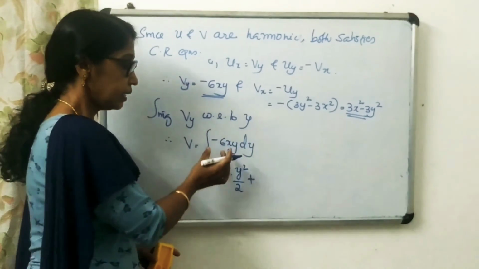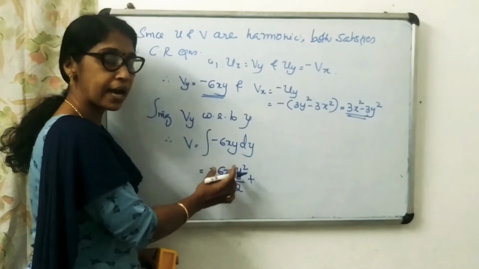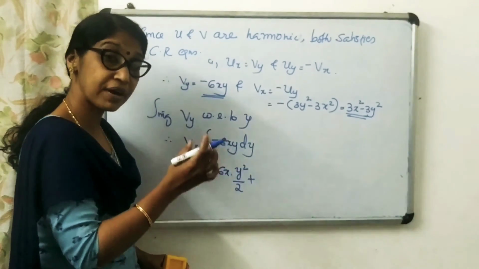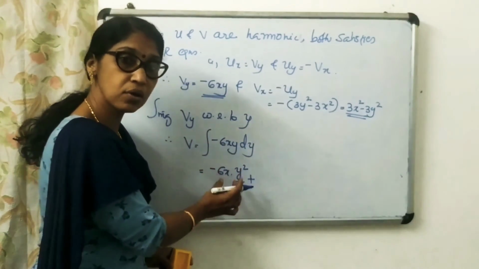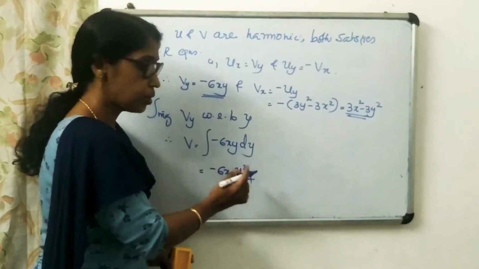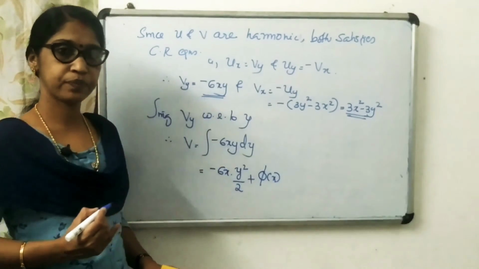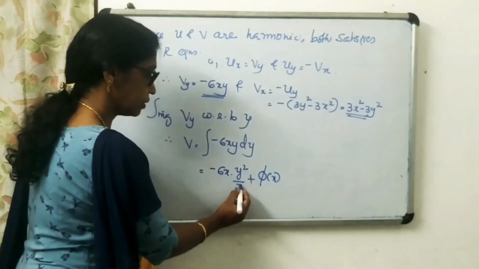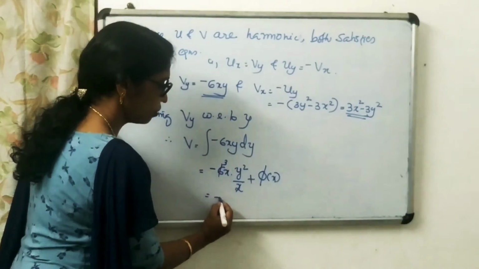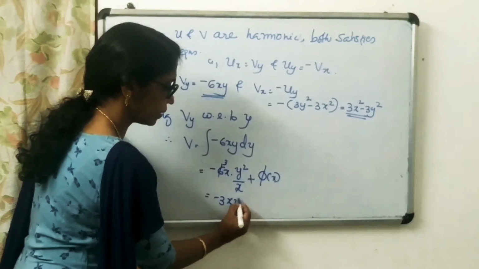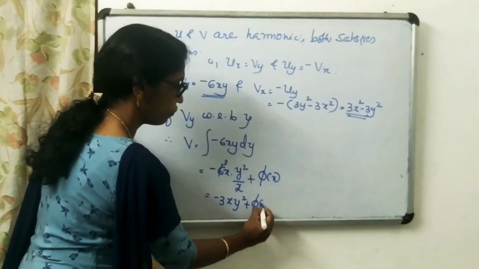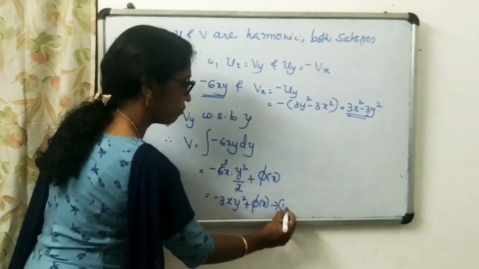Since we are integrating with respect to y, x is a constant, so we add a function of x, phi(x). This gives v = -3xy^2 + phi(x), equation number 1.